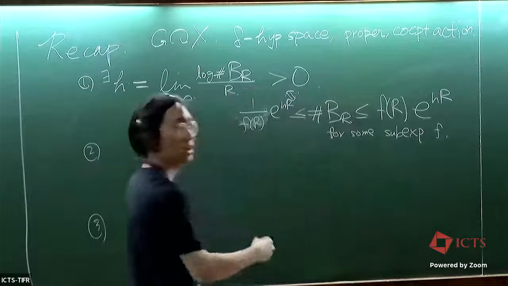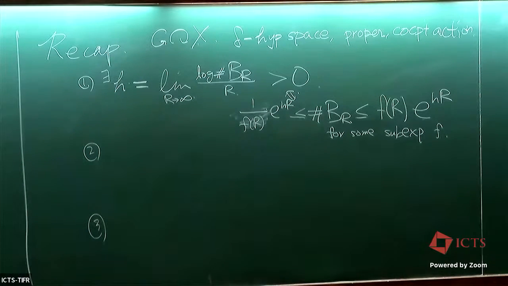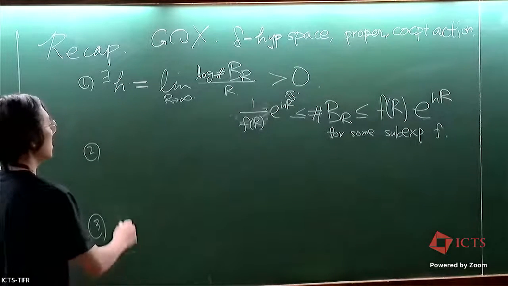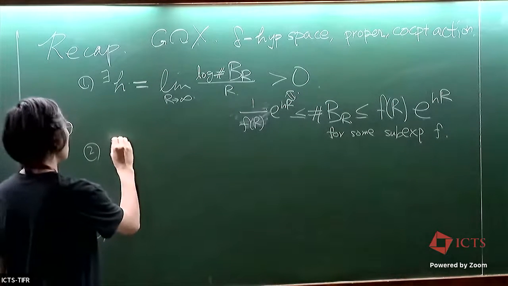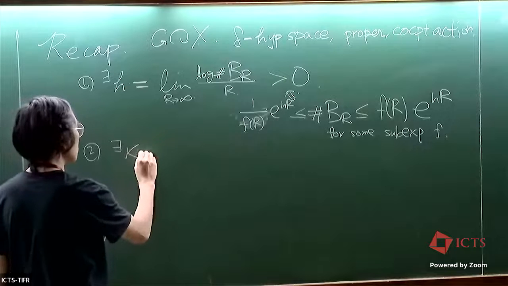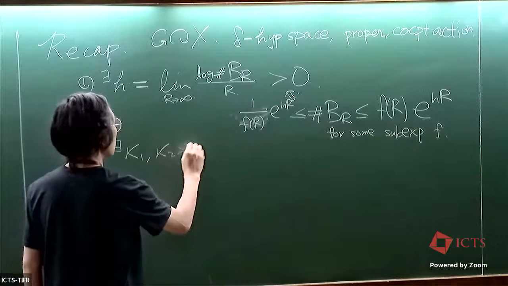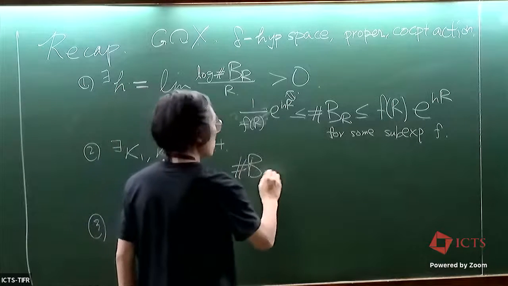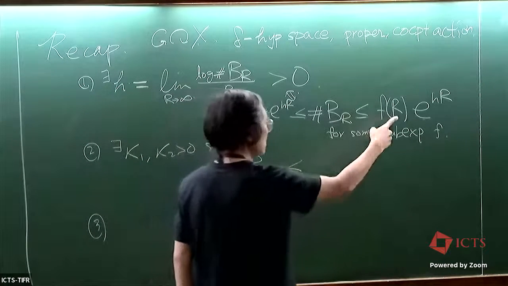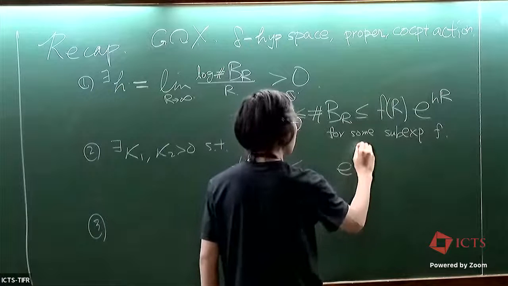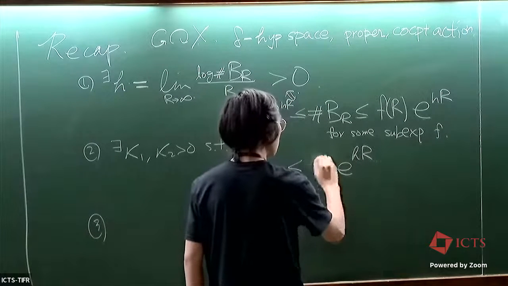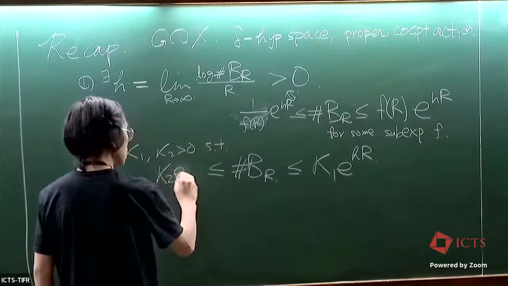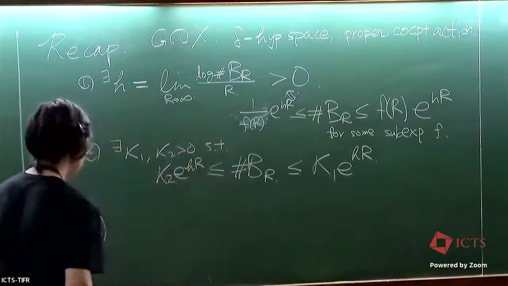If you take the log and divide by r, then you will see this. The second step was improving this estimate. We wanted to show that there are two constants, actually, such that the discrepancy from the desired ideal function is just a bounded constant. So we wanted this kind of estimate.